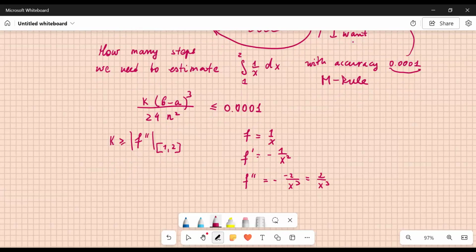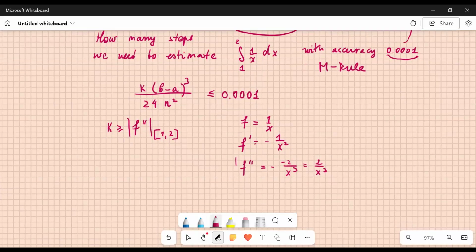Well, guys, here we are lucky, and our second derivative is positive. Why? Because my first derivative was negative, minus 1 here, minus 1 here. But this is minus 2, and when we differentiate it, it jumps in front and combines together and gives me just 2. So my absolute value is still going to be this number.